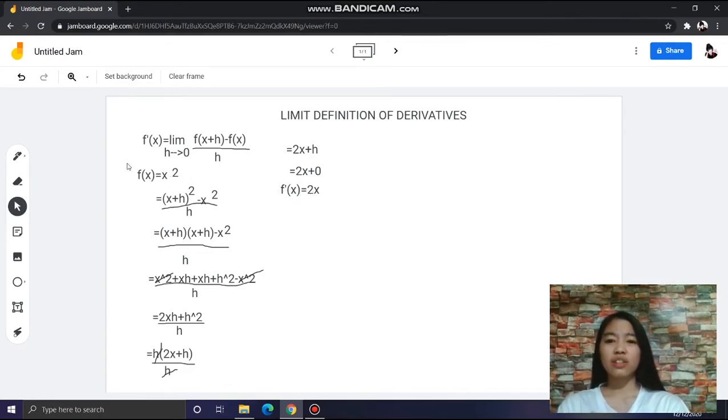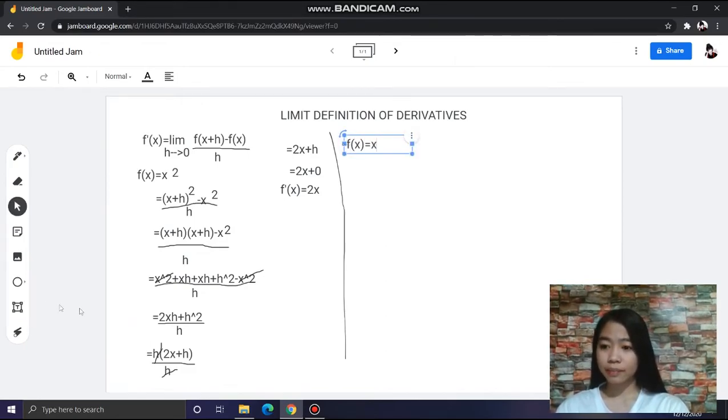But to tell you, there is a shortcut to do this. Let's use the same example. f of x is equal to x squared. For the shortcut, just bring down this exponent 2 in front of the x, and it will become 2x, and copy the same exponent, but this time just decrease it by 1.